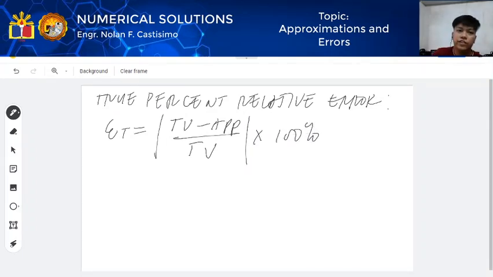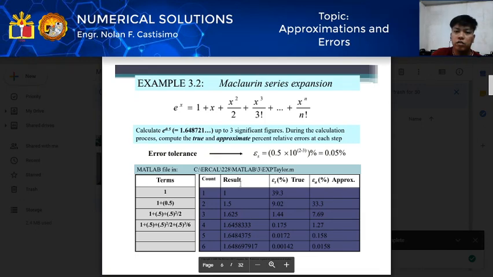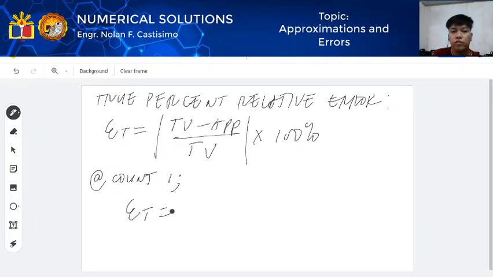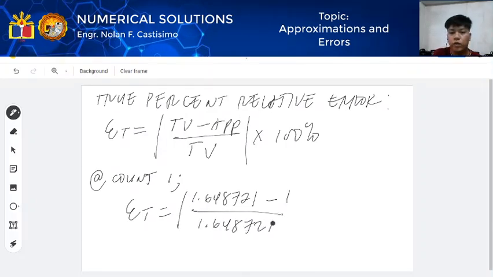So, at first, itong part na to, at count 1, okay? So, ano yung summation natin? Ano yung true value natin? True value natin is 1.648721 minus yung approximation natin na 1 divided by 1.648721 times 100%.